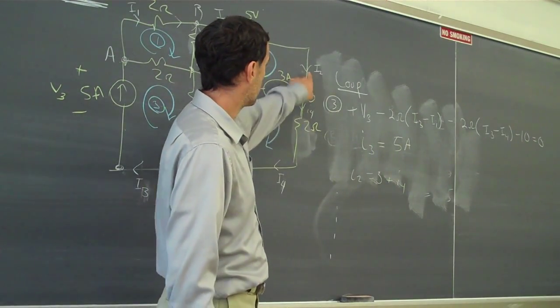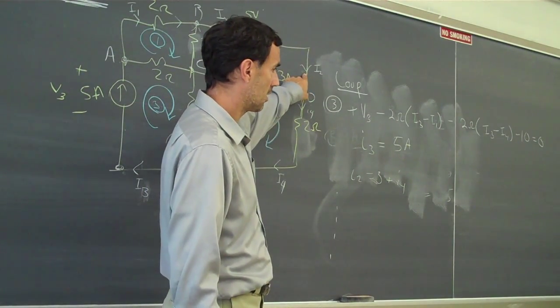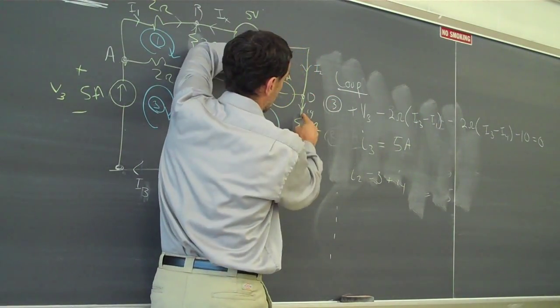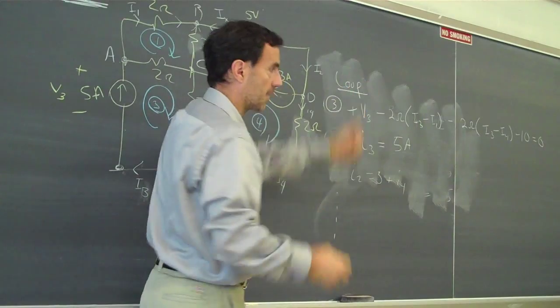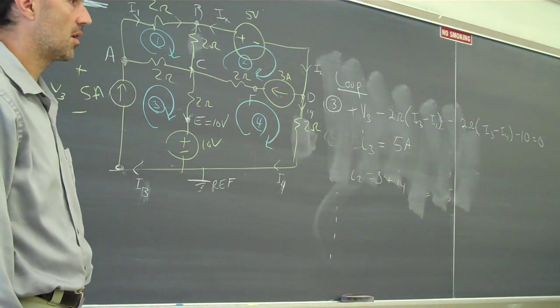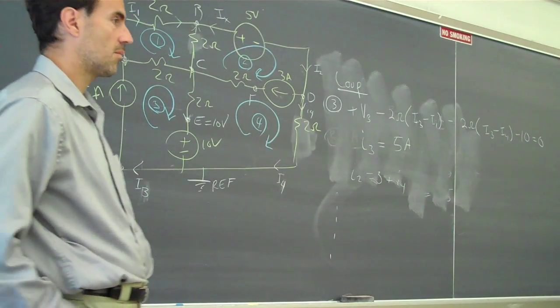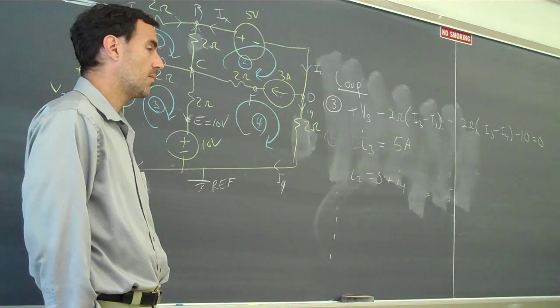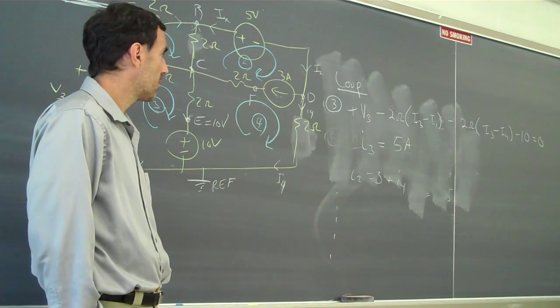This current plus that current equals I2. Do you agree? The I2 splits up into 2 pieces. So those two combined have to equal I2. Is it because the current entering the node is equal to the current exiting the node?